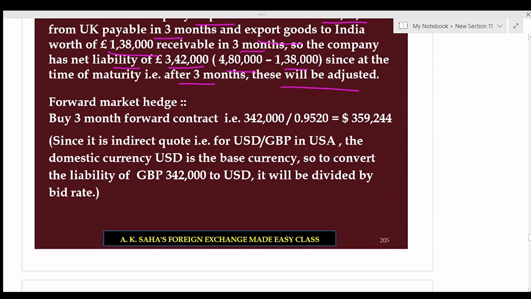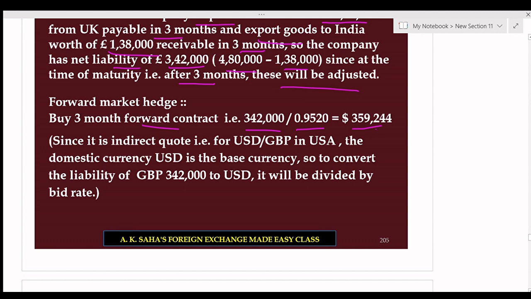Forward market hedge: buy a 3-month forward contract, that is 3,42,000 divided by 0.9520 is equal to $3,59,244.